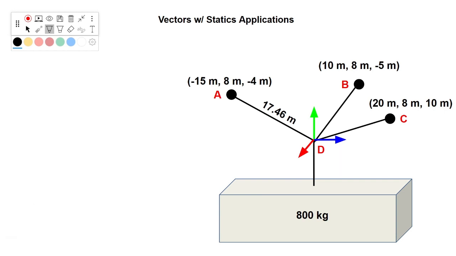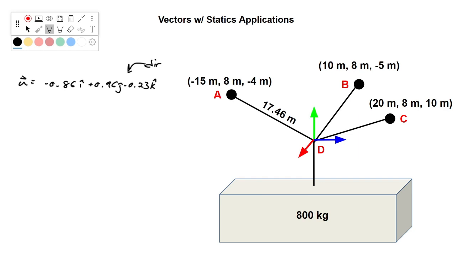So now we have a unit vector. I'll rewrite it over here just so we have it because we're going to need it now. And that unit vector will define the direction of this cable length from A to D.